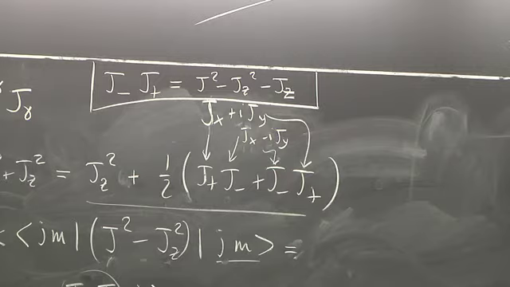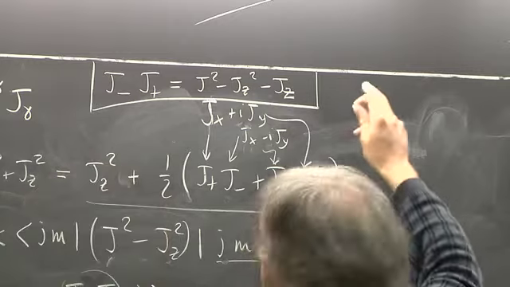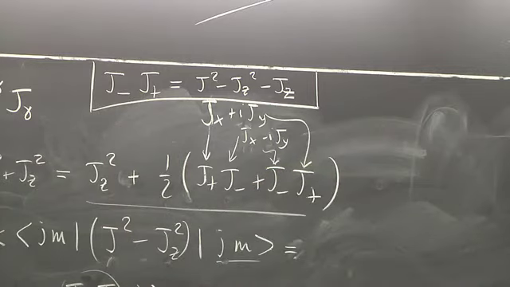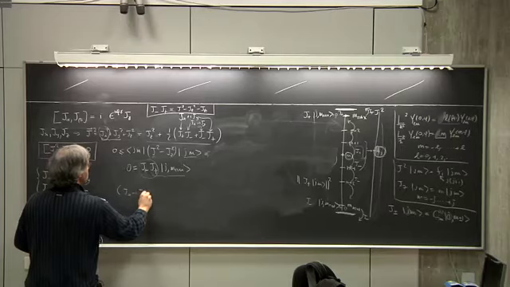For instance, well, directly, let's do it here. So j minus is jx minus i jy.